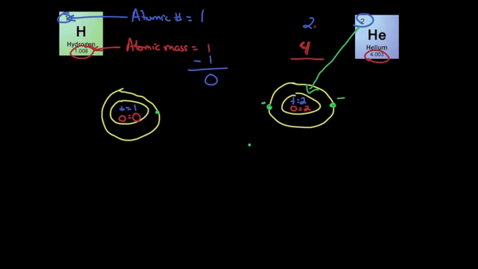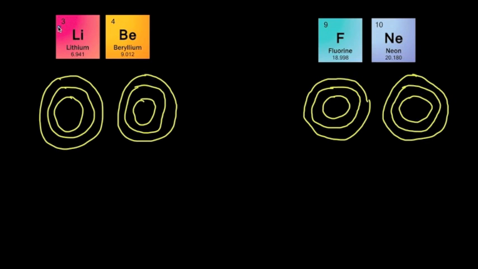Let's quickly look at some of the atoms in the second period. We're going to do the first 2 elements in the second period, lithium and beryllium, and the last 2, and try and see if you can see a pattern developing. Here in the lithium atom, we have an atomic number of 3. So we have 3 protons. We have an atomic mass of 7, if we round it off.